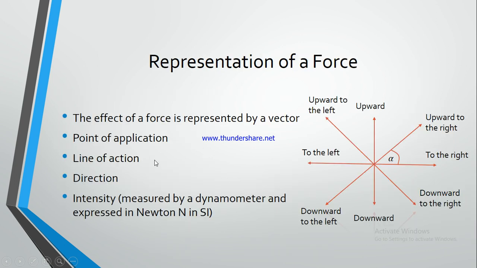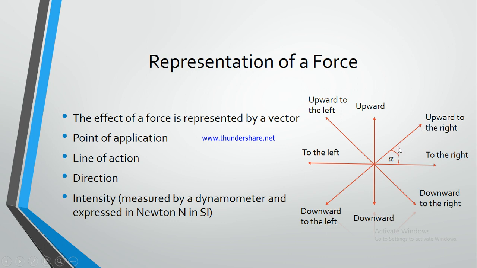The force has a line of action which is either horizontal or vertical, or this vector makes an angle alpha with the horizontal, or in some books we may see it as an oblique force.